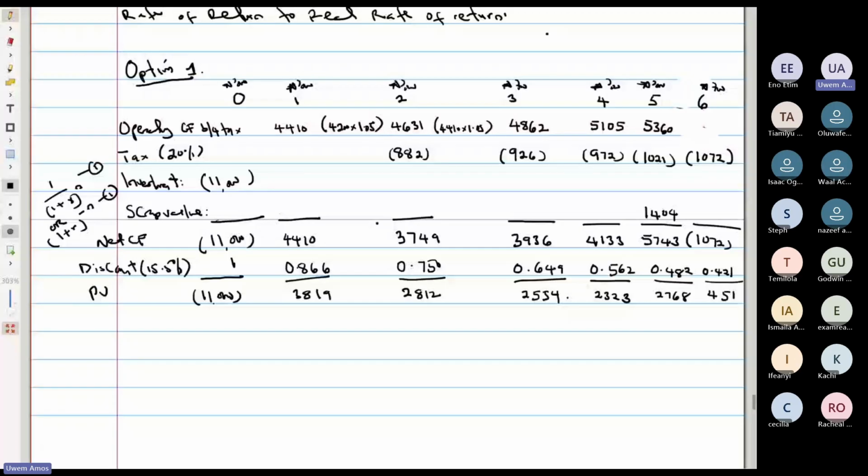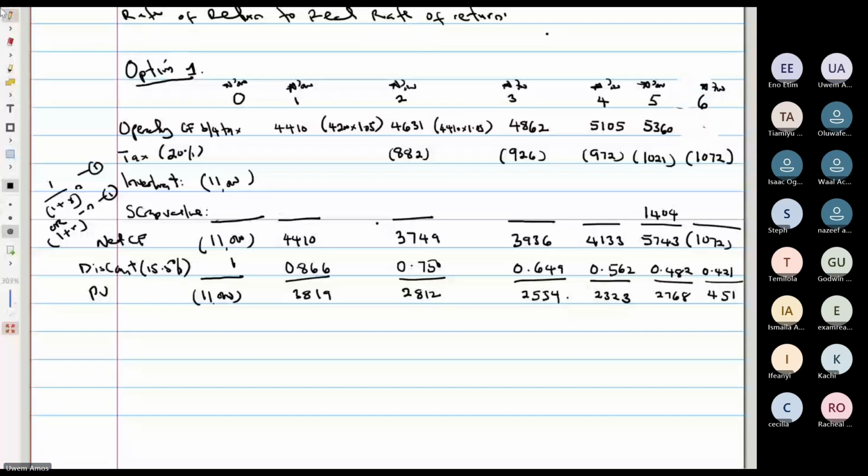I think my discount factor for year 5 doesn't look correct, but let me reconfirm that. 1.155 raised to the power of minus 5 is 0.487, I think. But can someone please reconfirm the discount factor for year 5?